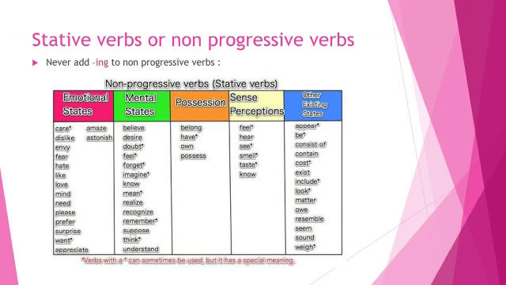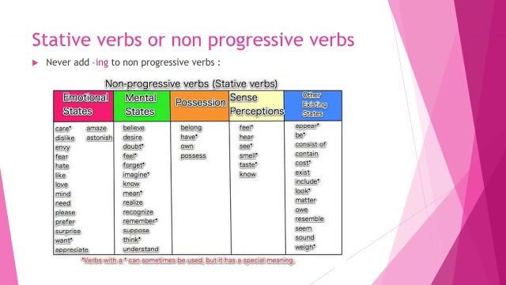Mental states like believe, desire, doubt, feel, forget, imagine, know, mean, realize, recognize, remember, suppose, think, understand. Verbs of possession like belong, have, own, possess.